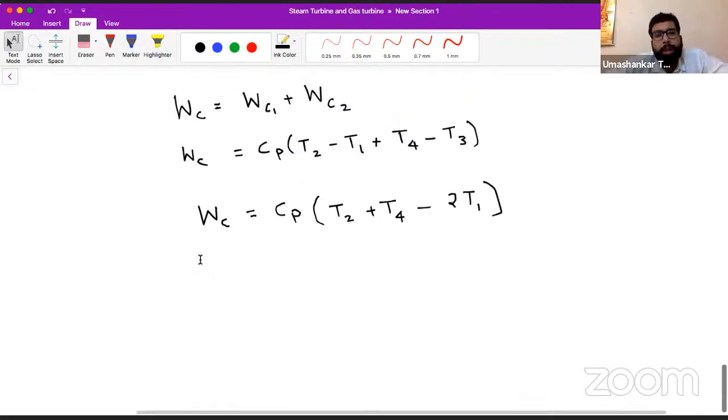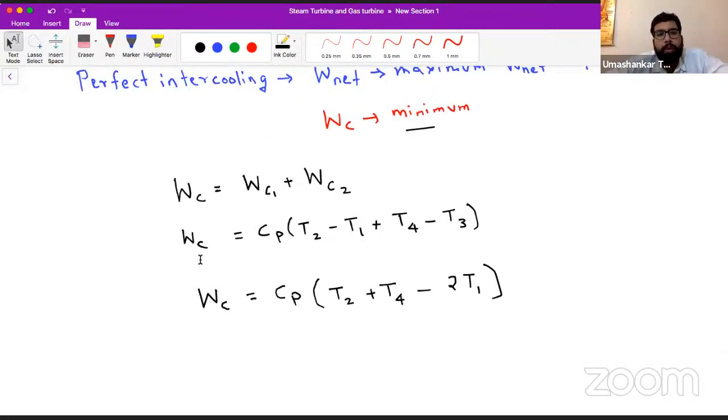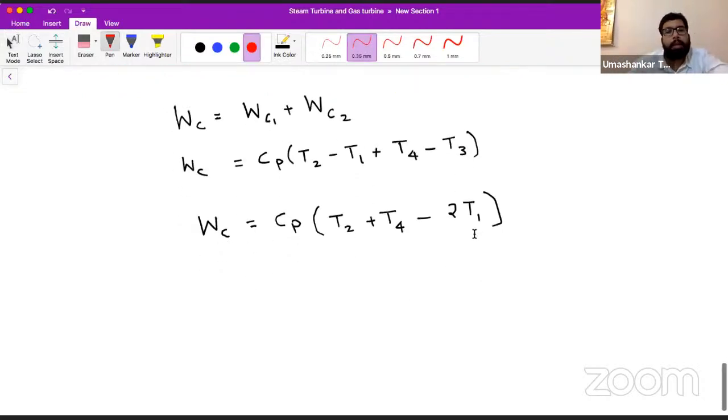For it, you can either convert it in terms of pressure right here, right now, or you can solve for the temperatures first, then get your pressure. The choice is yours. I told you T1 is constant only.